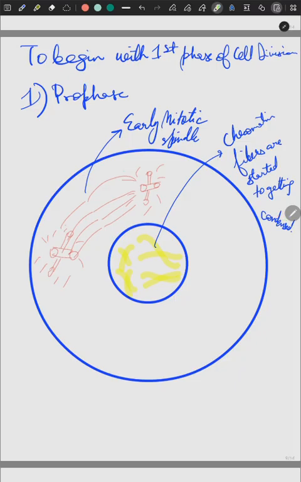The main event also occurred: the nucleolus disappeared. Let's write it. The nucleoli, or the nucleolus, disappeared.